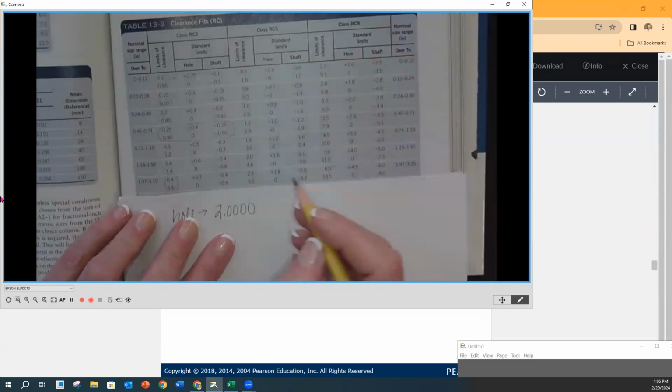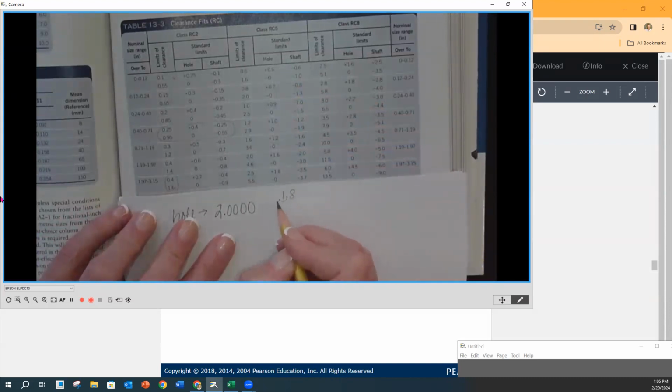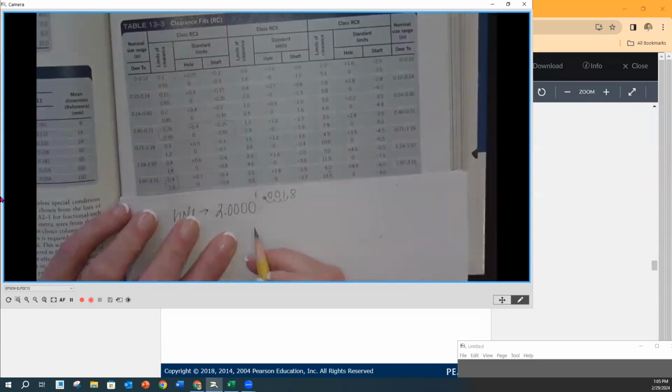Now remember, thousandths of an inch. So if I do 1.8, that means I'm going to take this decimal and go 1, 2, 3 to the left, and I'm going to have 2 zeros in front of that 1. Then it's going to be plus, and this is going to be minus 0.